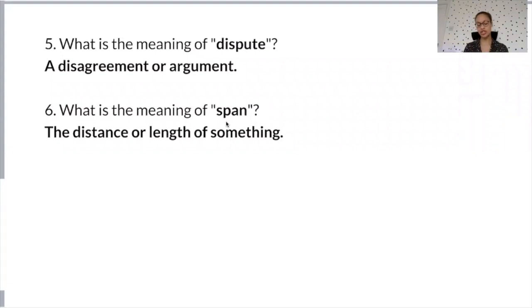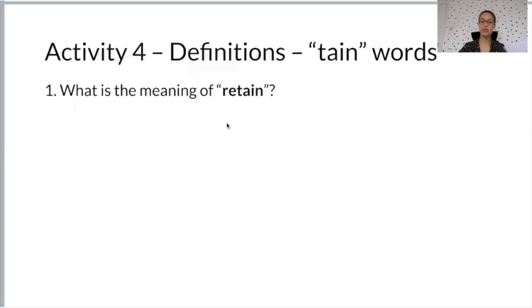So on your sheets, you should be able to see, match the words below to their synonyms. Just fill in the words at the bottom of your sheet, and then I'll tell you the answers at the end. So match the words to their synonyms. Okay, all right, go ahead.